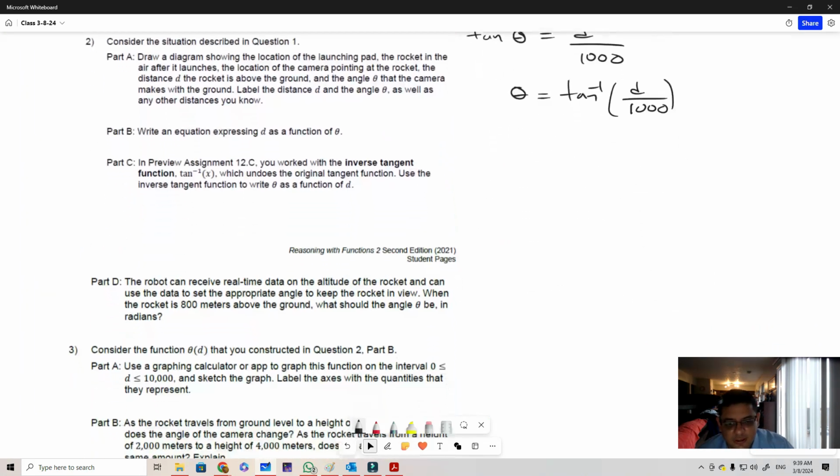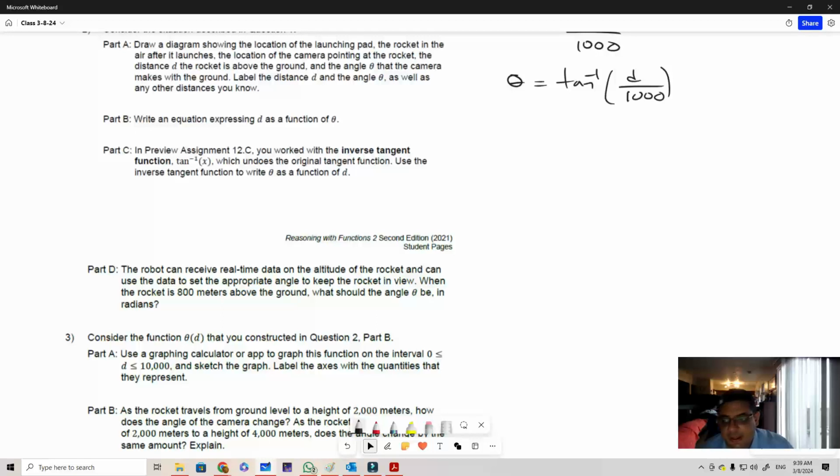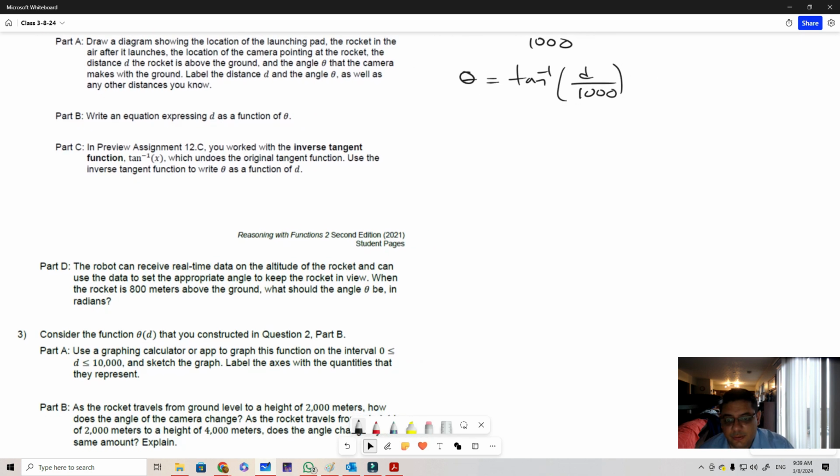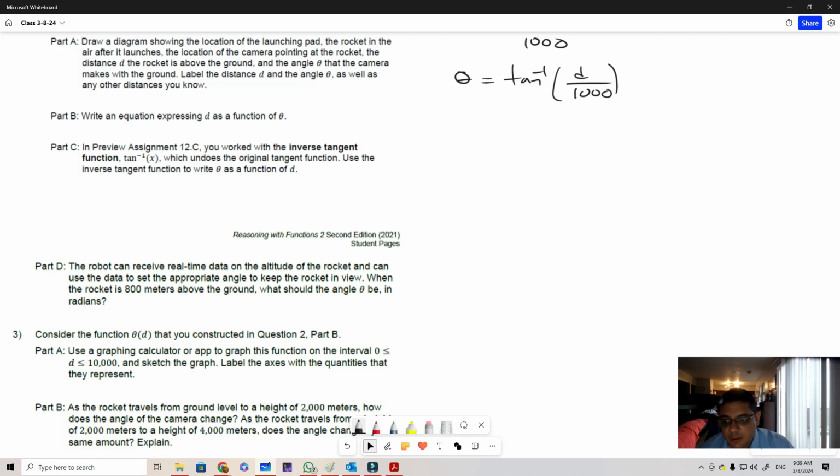Now, the rest of this lesson is about checking what happens when we have certain heights. So part D says the robot can receive real-time data on the altitude of the rocket and can use the data to set the appropriate angle to keep the rocket in view. When the rocket is 800 meters above the ground, what should the angle theta be in radians?